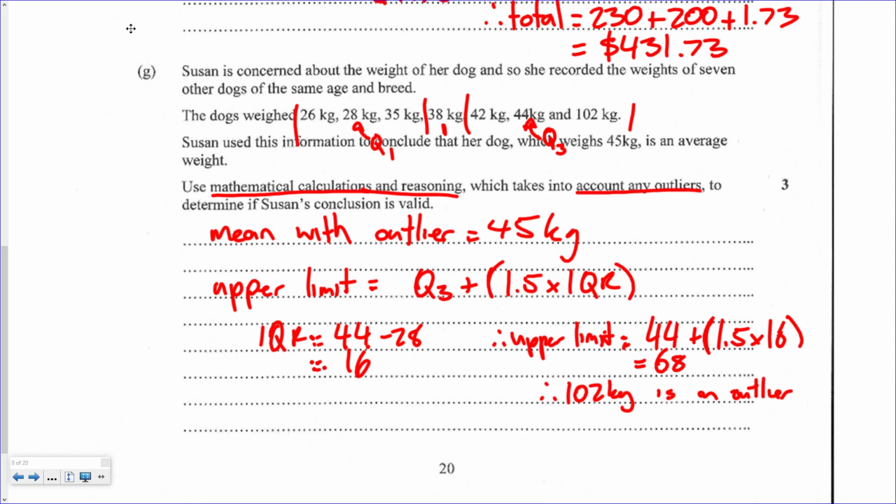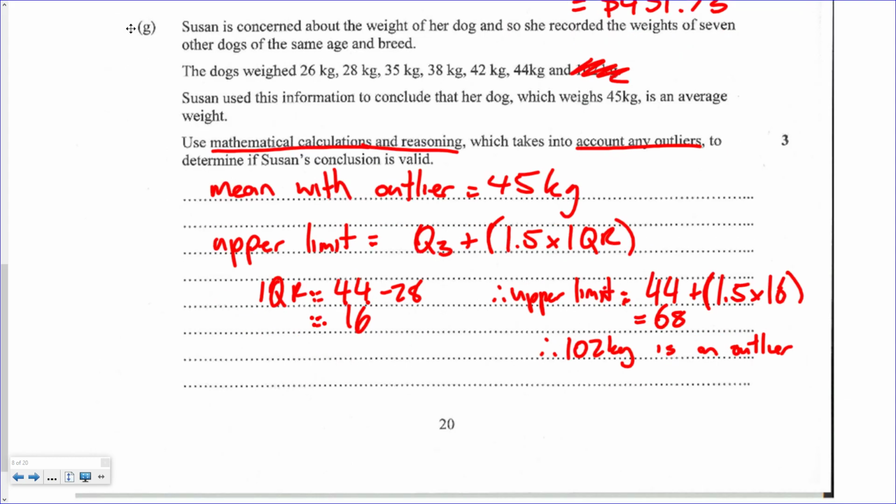So now, the idea is, if I were to take away that 102 kilograms dog, and if I've now found the new average, so then I would add up those numbers and divide by 6 now. We're not dividing it by 7, we're now dividing it by 6. So therefore, the new mean would equal 35.5 kilograms, which makes sense.